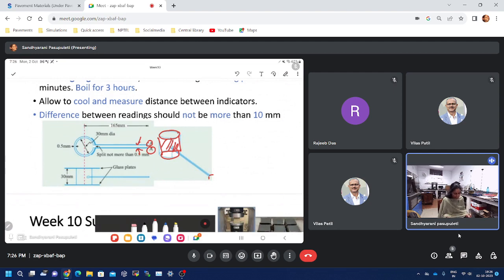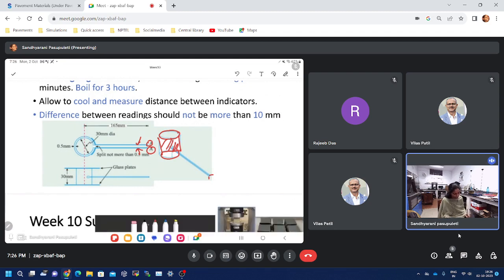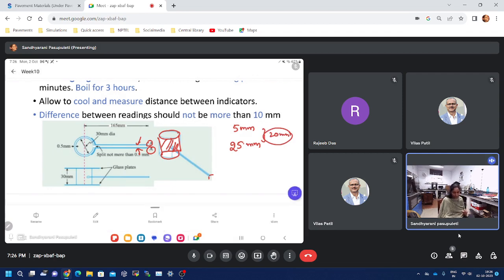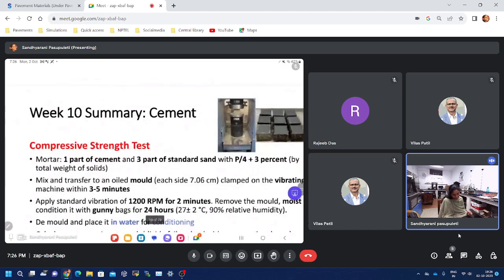If the gap is more than 10 mm, so previously let us say the gap is 5 mm, after 24 hours and boiling for 3 hours, if that is 25 mm, that means the gap has increased by 20 mm. That means a higher amount of lime is present. We do not allow the expansion to be more than 10 mm, so as to limit the lime amount in the cement.